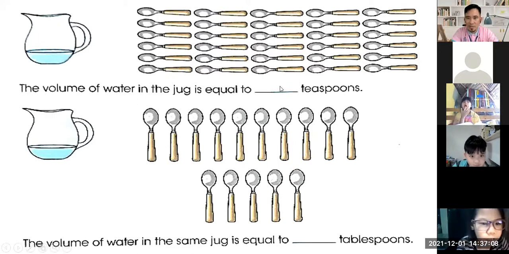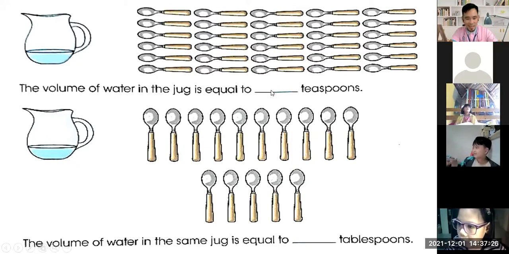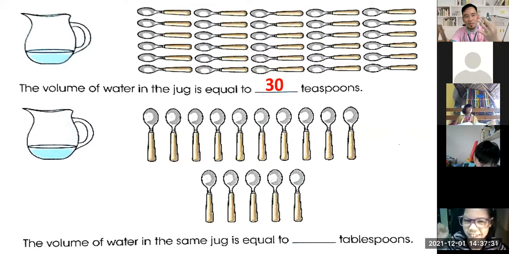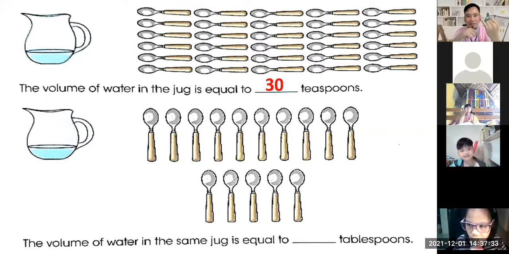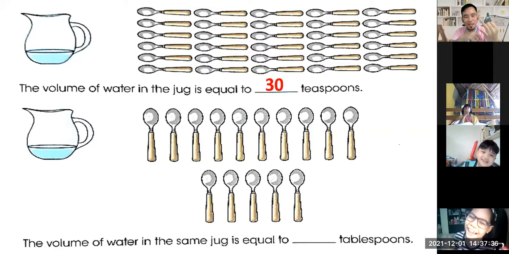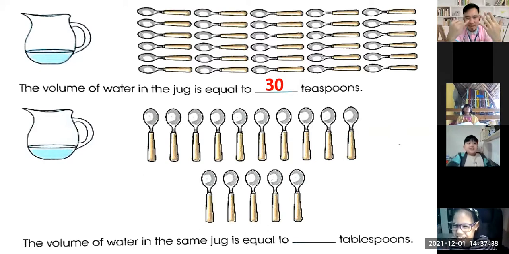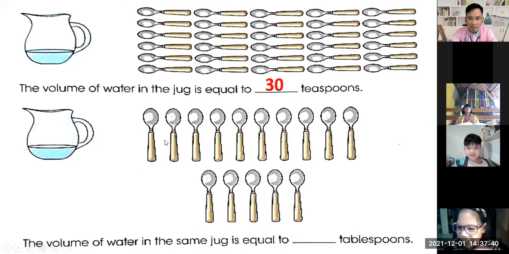You count this way: 1, 2, 3, 4, 5, right? 5 times 6 is 30. 30. How about here, using tablespoon? Using a tablespoon.